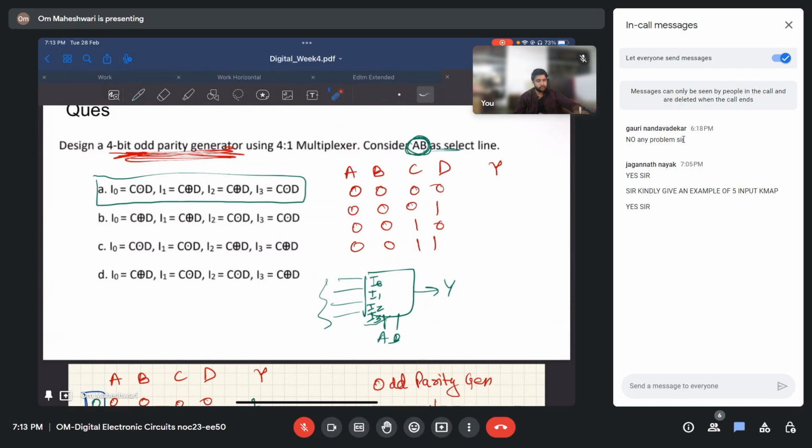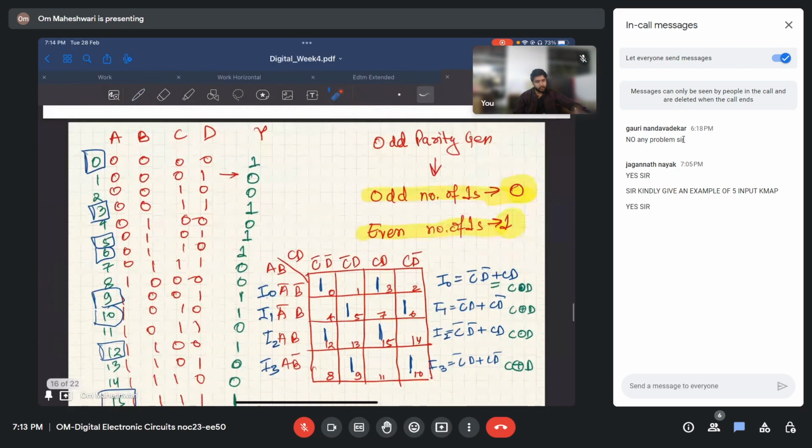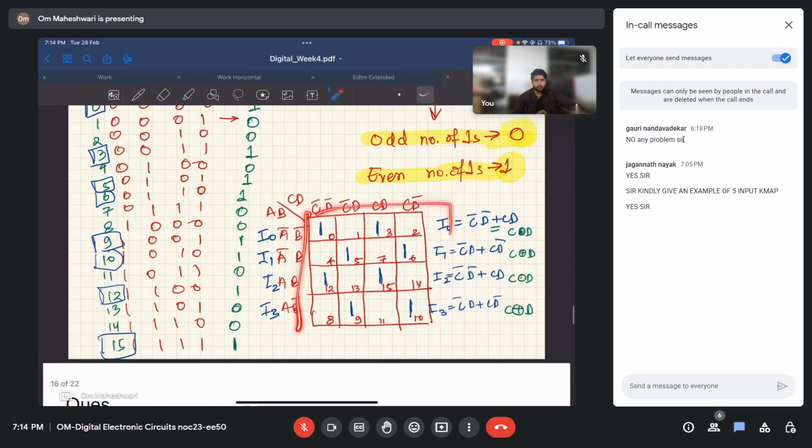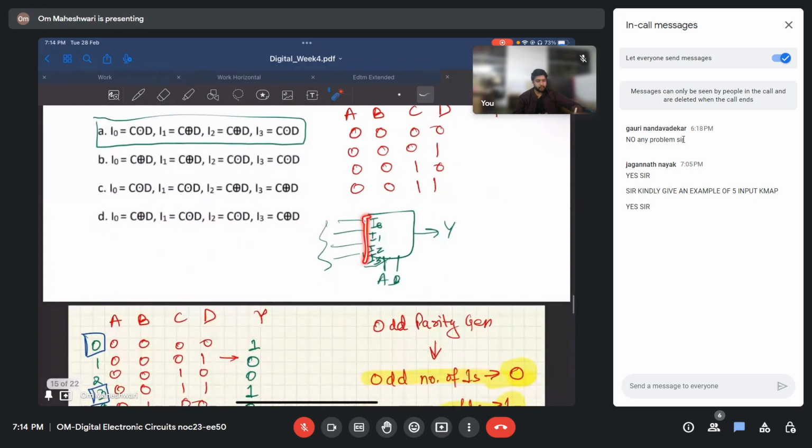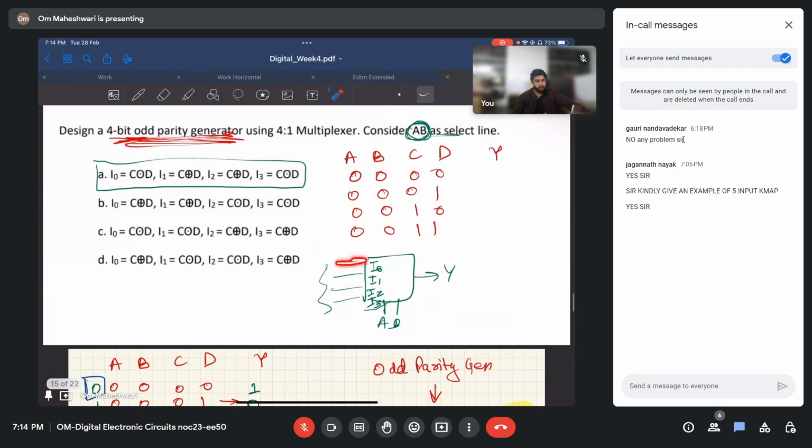So I'll repeat what we have done. First, we write the truth table for the odd parity generator. Wherever there are odd number of ones, like 0001, there is only a single one, then the output is 0. And for an even number of ones, the output is 1. Then we made a K-map for that. Here we know it is a multiplexer, so we just have to tell what the inputs are such that we implement this odd parity generator.